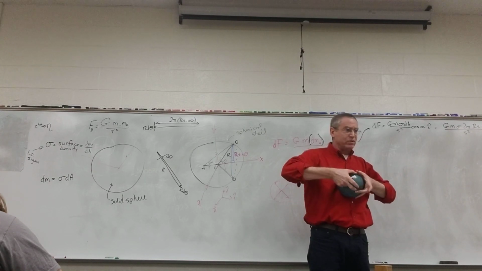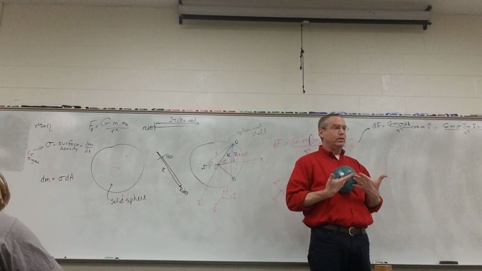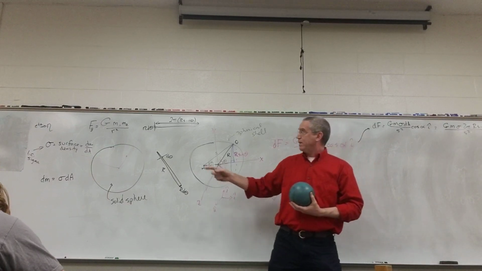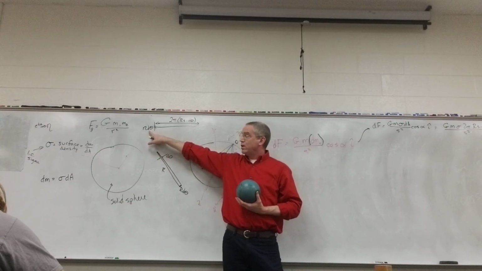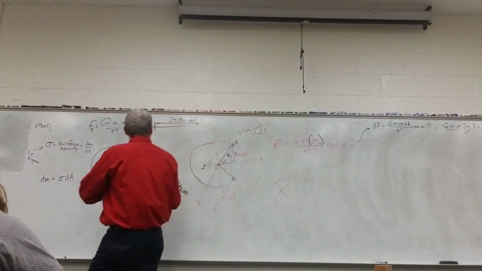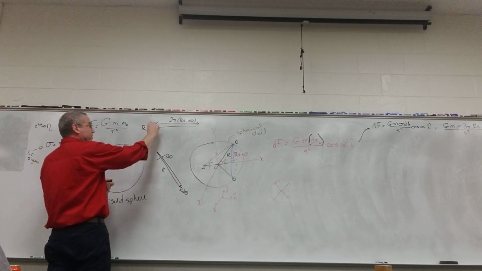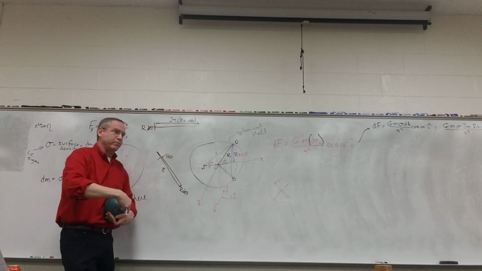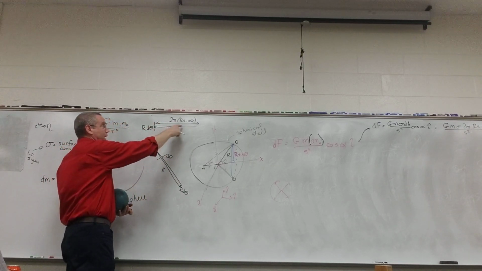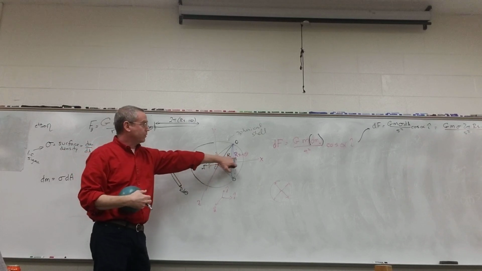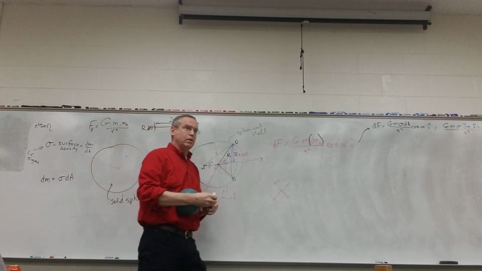If I imagine I have this hoop here and I cut it and stretch it out, I basically have a rectangle. r dθ is the thickness, and the length is just the circumference of the circle. So 2π times the radius of the circle, which is R sin θ. All right. Any other questions up to here?